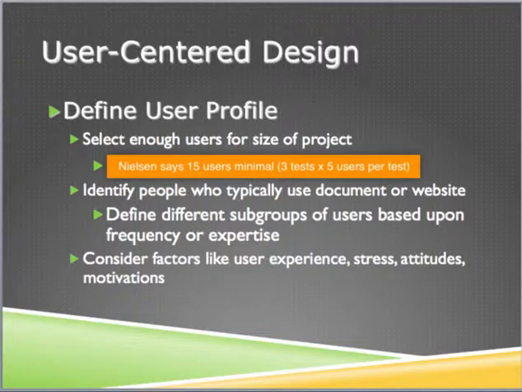And so you would have 3 subgroups, and with each subgroup you would need to do 3 tests. So you would have 15 people in each of those groups participate in usability testing in order to determine the potential errors those users would have with accomplishing their tasks.